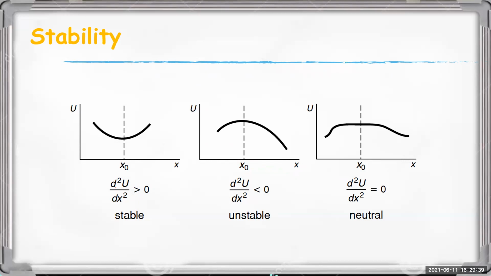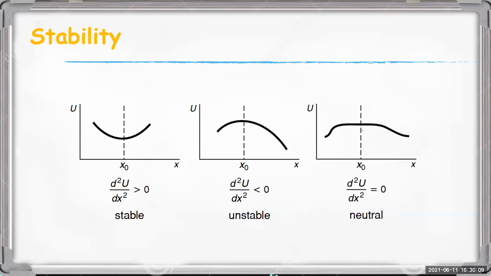Here, in the first case, d square u by dx square is greater than 0, and the potential energy is minimum here. Then it is a stable one. At this point, d square u by dx square is less than 0, the potential energy is higher, and it is unstable.